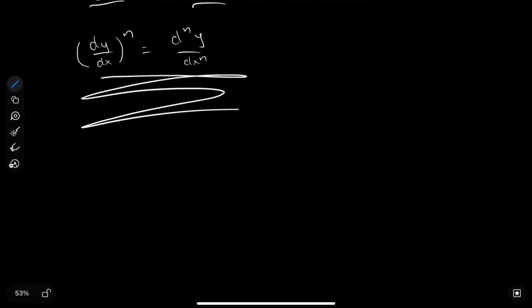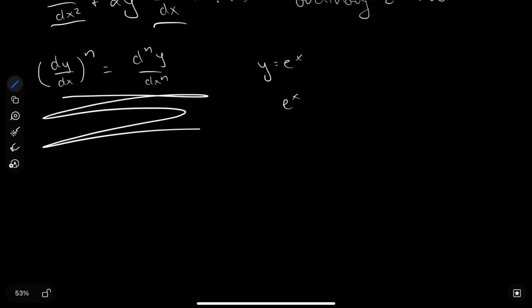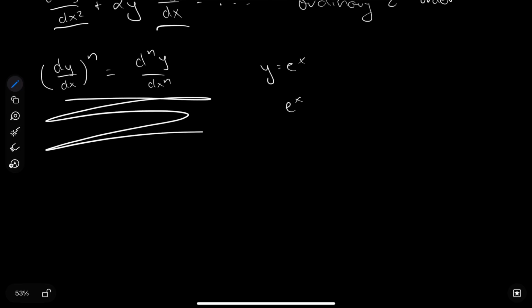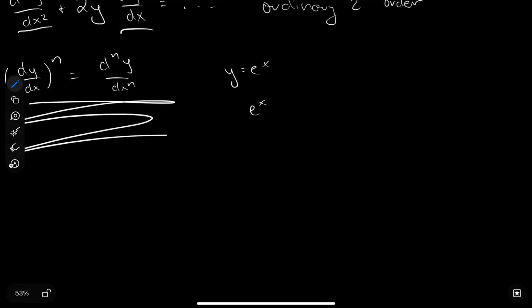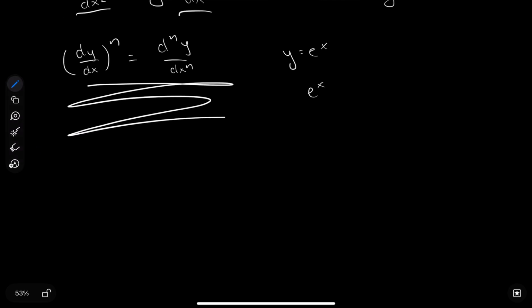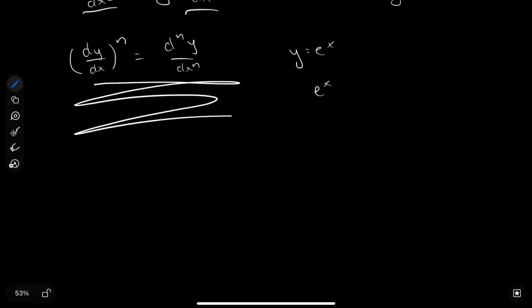If we take e to the x, the derivative is just e to the x. Actually, the nth derivative is just e to the x. But on the left-hand side, we have e to the x to the n, which is not the same. So please do not make that mistake.